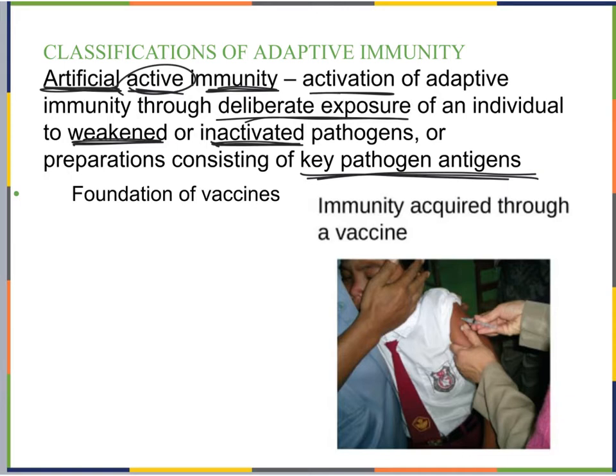This is the basis for vaccines, and we're going to talk about this in more detail. Again, artificial because we're not naturally exposed to these things, and active because we actually are engaging our adaptive immunity in order to try to fight off the vaccine that was just given.